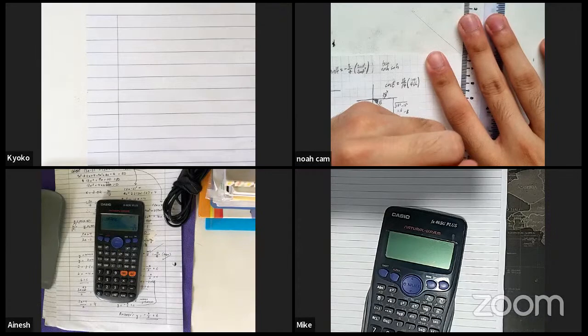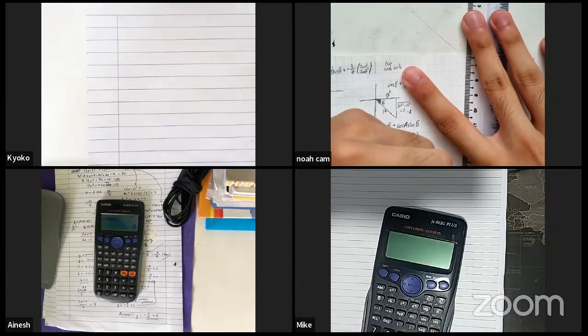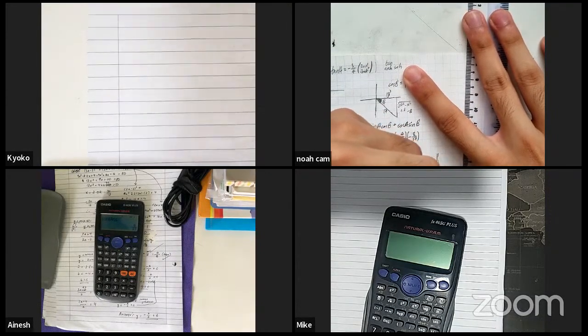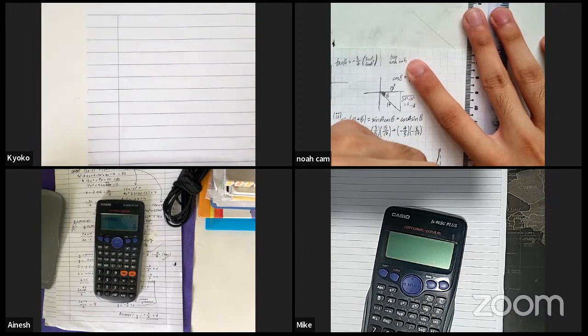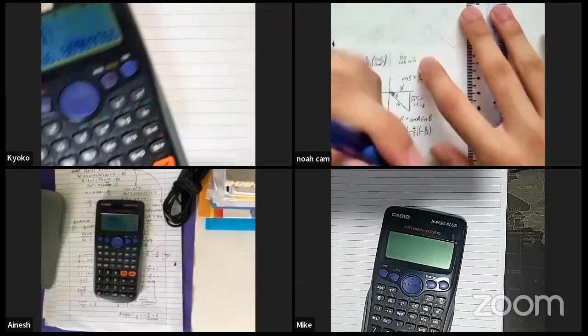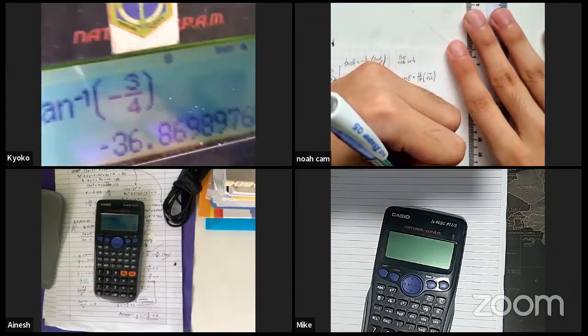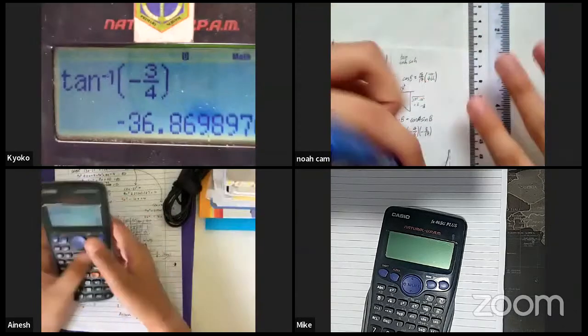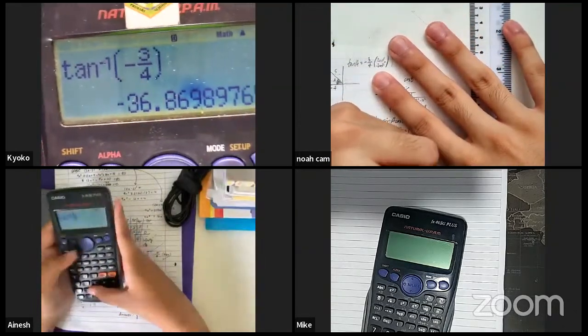Right. Go ahead, Kyoko and Aditya. Michael, don't wait for me, because you're a Sec 4 student. I'm just giving you time to revise yourself. However, if you cannot, then of course you can follow my explanation. Kyoko and Ainesh, give me the number.